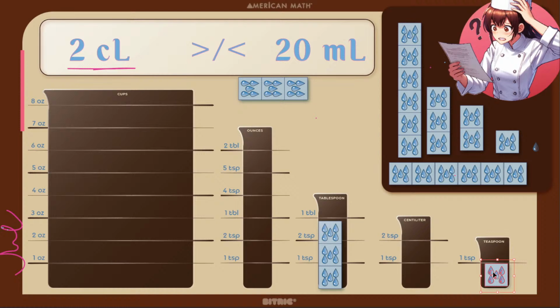Now, we know a tablespoon has a total of 15 milliliters, and our teaspoon has a total of 5. So since these are 2 centiliters, that'll bring together to form 20 milliliters. So both 2 centiliters and 20 milliliters are equal.